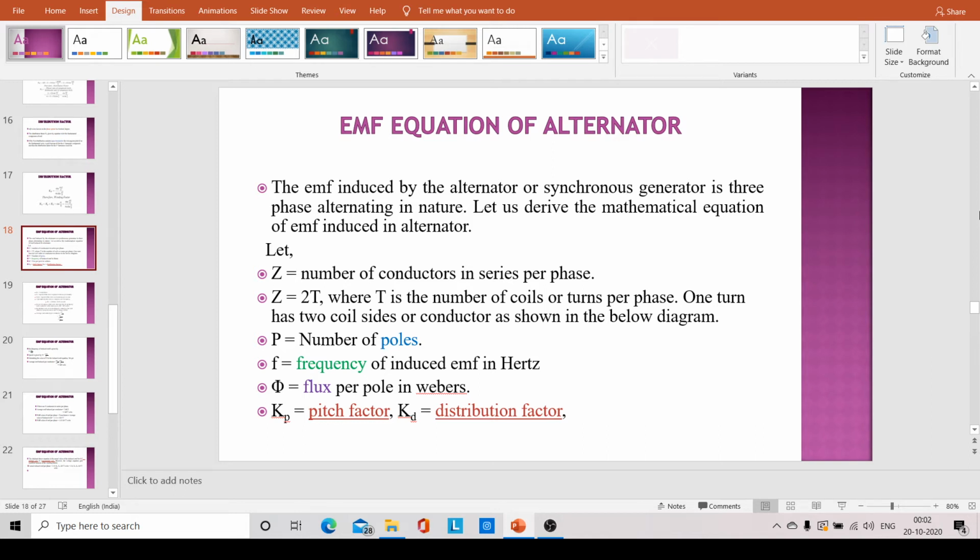One turn will have two coil sides or conductors. P is the number of poles, F is the frequency of induced EMF in hertz, Phi is the flux per pole in Webers, Kp is pitch factor, Kd is distribution factor.